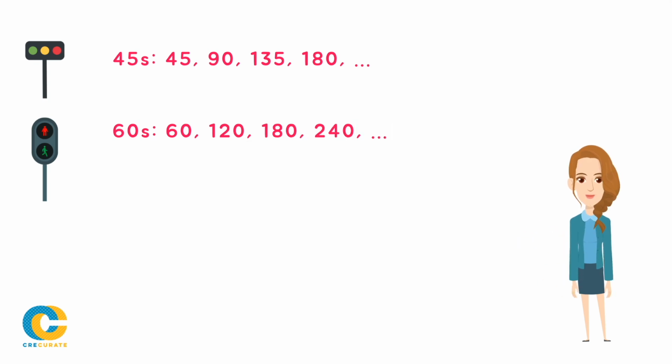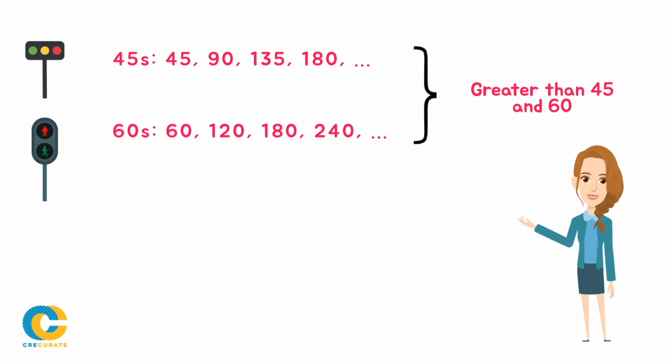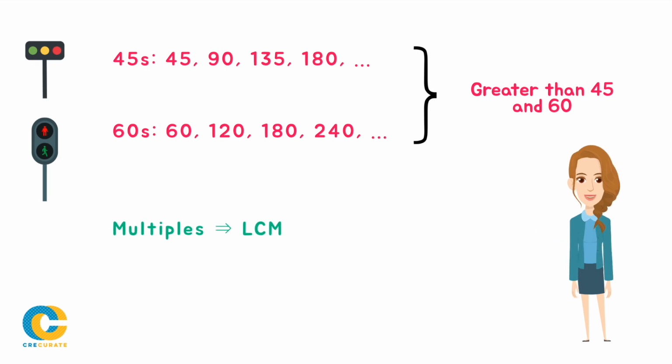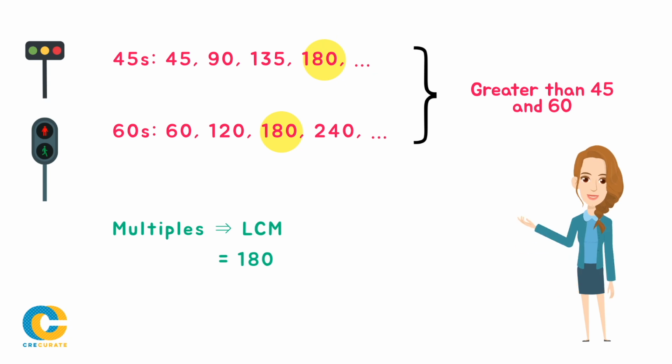Since these numbers are greater than 45 and 60, we're looking for multiples, and more specifically, the lowest common multiple, or LCM. By listing and circling the common multiples, we can easily see that the lowest common multiple is 180, so the lights will both change together again after 180 seconds.